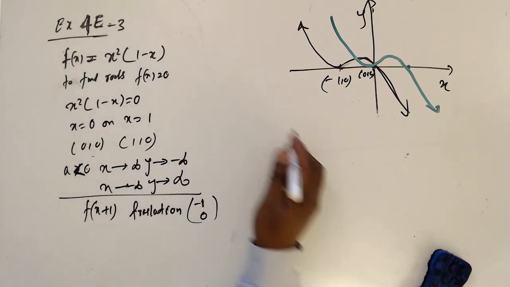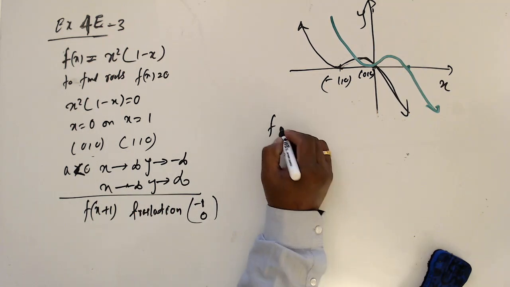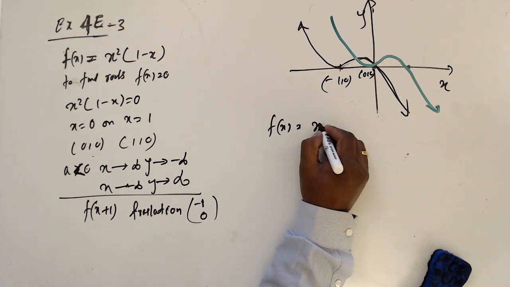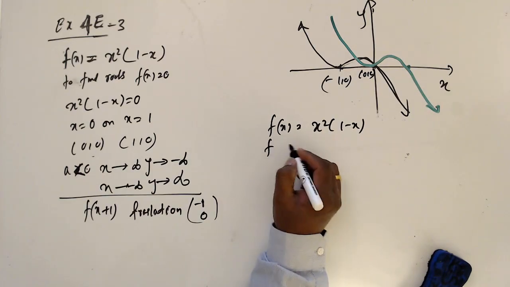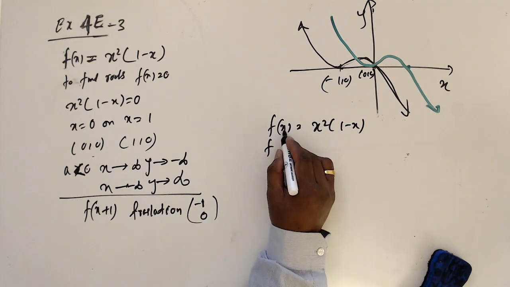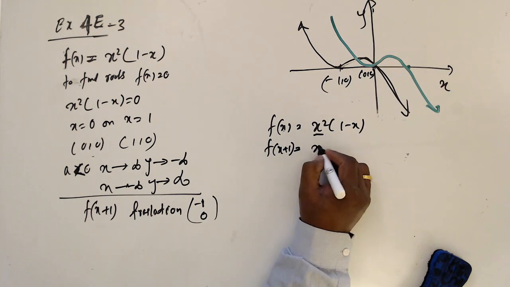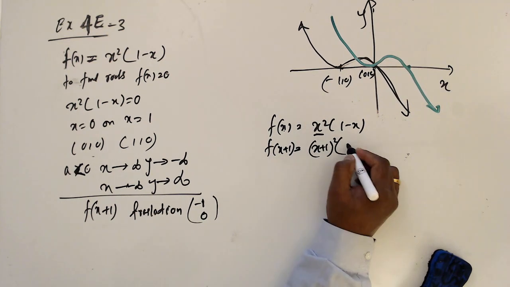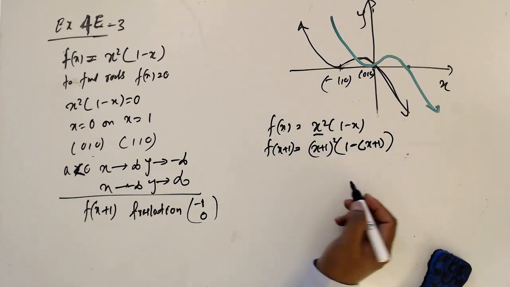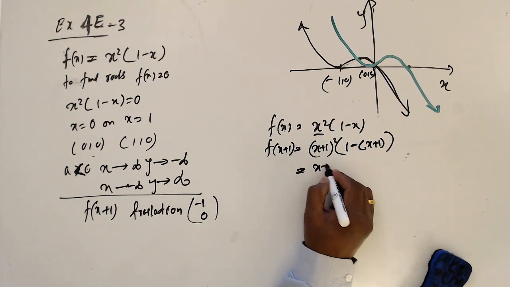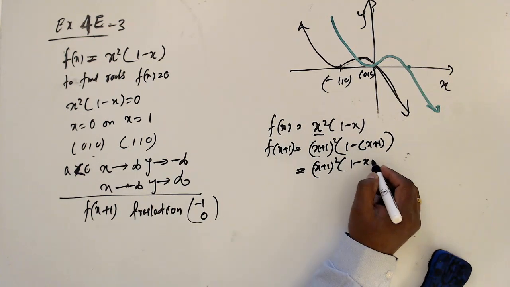Now we'll substitute this translation f(x plus 1). f(x) equals x squared (1 minus x). Instead of x I'm going to put x plus 1. Hence this becomes (x plus 1) squared, (1 minus bracket, we have to put the bracket because this is minus) (x plus 1) squared (1 minus x minus 1).